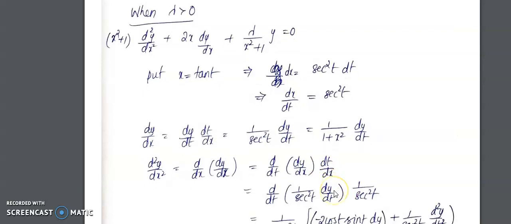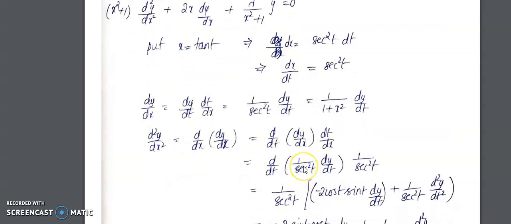Now we have to take its derivative. So 1 by sec square t, that will be cos square t.